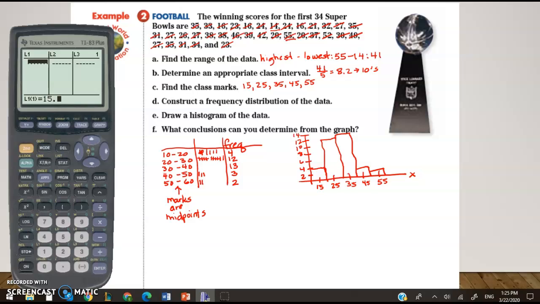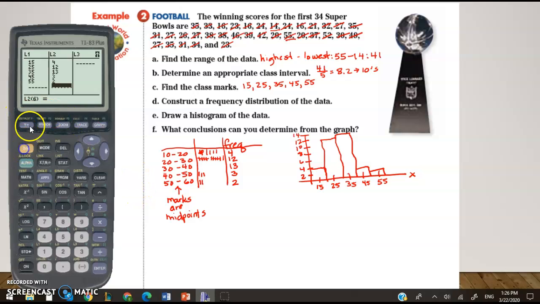Okay, 15, 25, 35, 45, and 55. All right, and your frequency would be 4, 12, 13, 3, and 2.